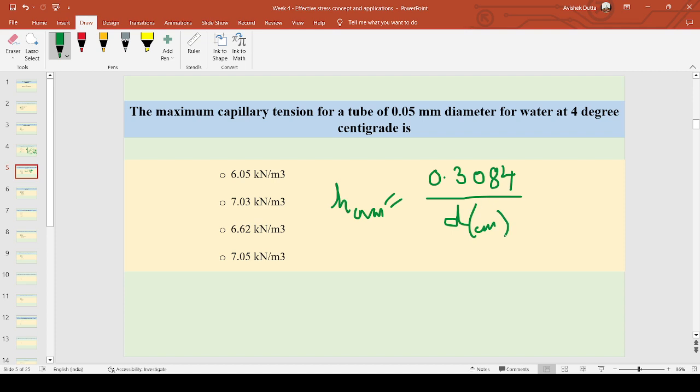Now if you put the value of D in centimeter, 0.005 centimeter, you get HC max, that is the maximum height of capillary water in the tube, approximately 0.617 meter.